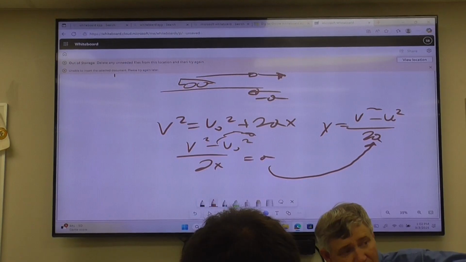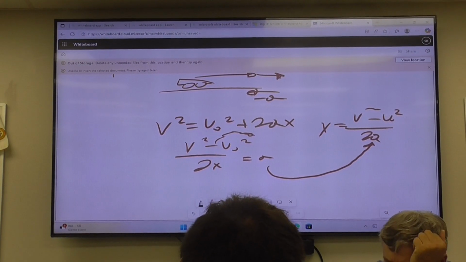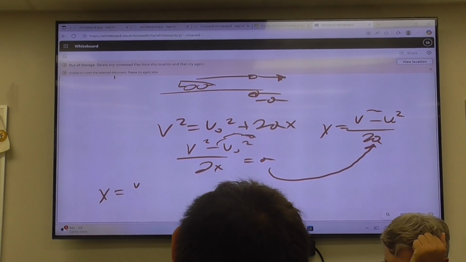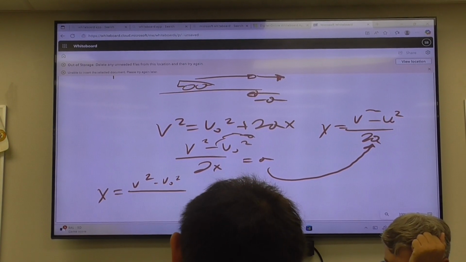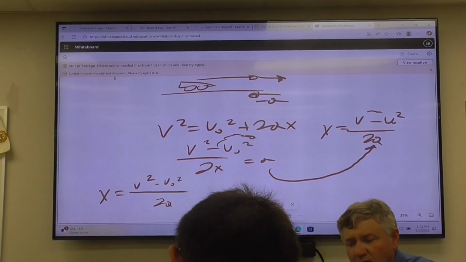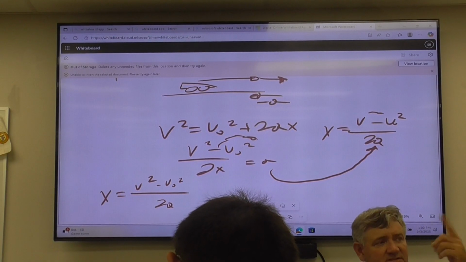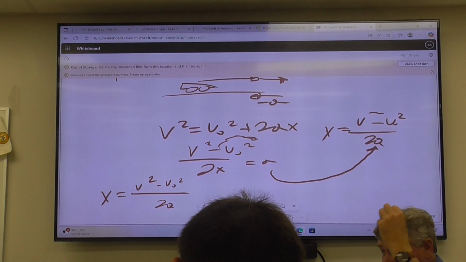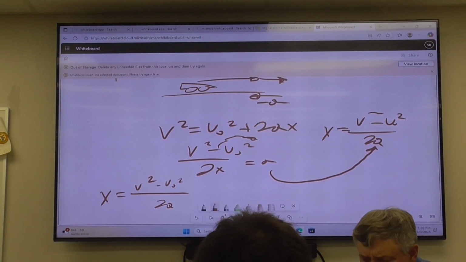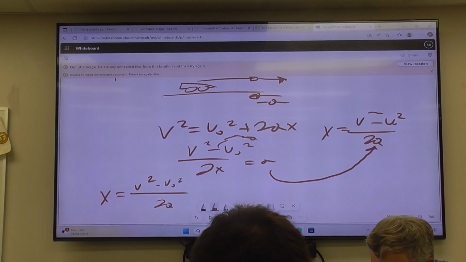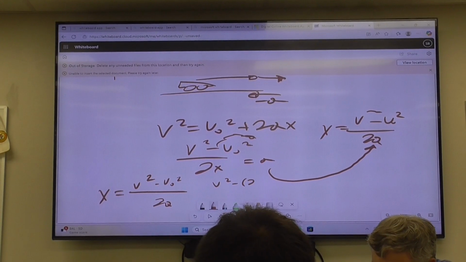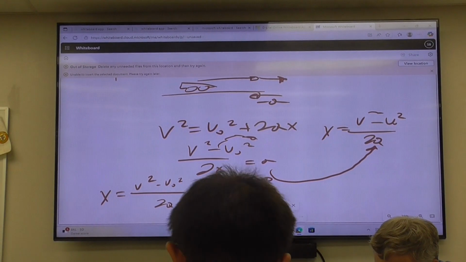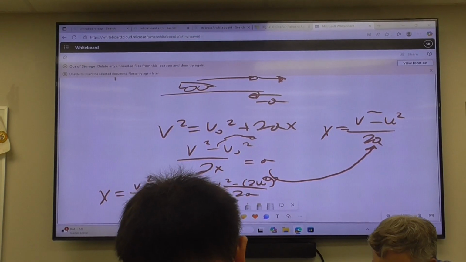The more elegant approach is to realize, well, stopping distance is v squared minus v naught squared all over 2a. Well, if I keep the same acceleration, and this is why you look at this conceptually. Okay, well, if I double that initial velocity, that becomes v squared minus 2v naught squared all over 2a.